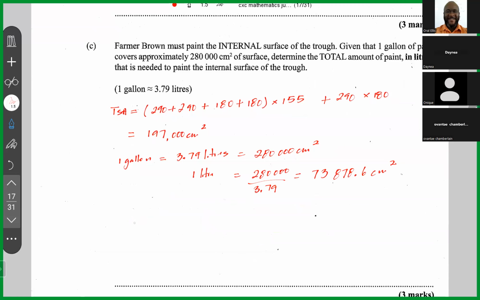Now let us see the number of liters we're going to need. It's going to be the total surface area, which is 197,000, divided by the area that 1 liter will cover, which is 73,878.6. So I would need a total of 2.68 liters of paint in order to paint the trough.